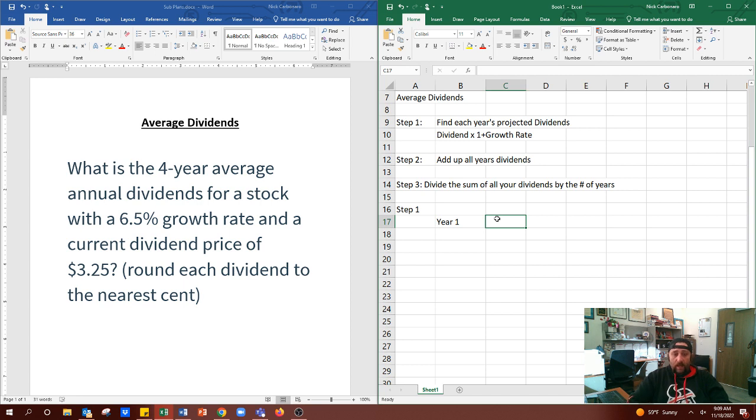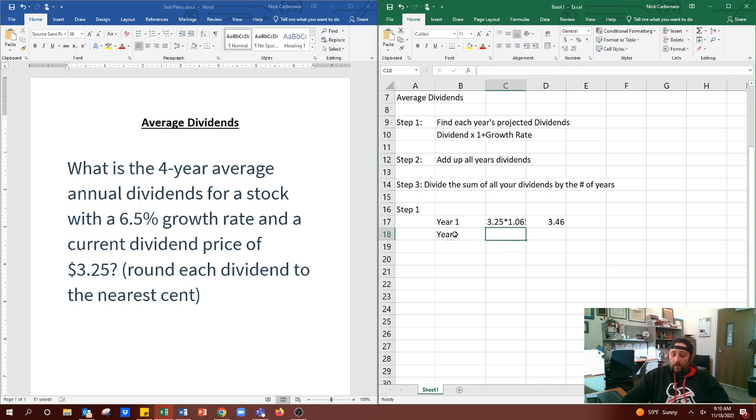The very first one is 3.25 multiplied by 1.065. Let me calculate that real quick. 3.25 times 1.065 gives 3.46. Great. So we're going to change that to 3.46. And we just keep doing that for each year.